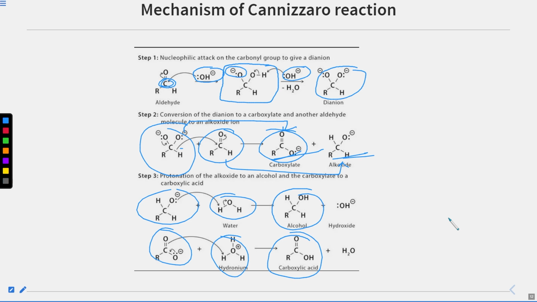Suppose both of them have alpha hydrogen, then which one will be deprotonated is based on which molecule is more vulnerable to nucleophilic attack. The one which is less vulnerable to attack is deprotonated, and the other one, which is good for nucleophilic addition, is attacked by the enol or enolate that has been formed.